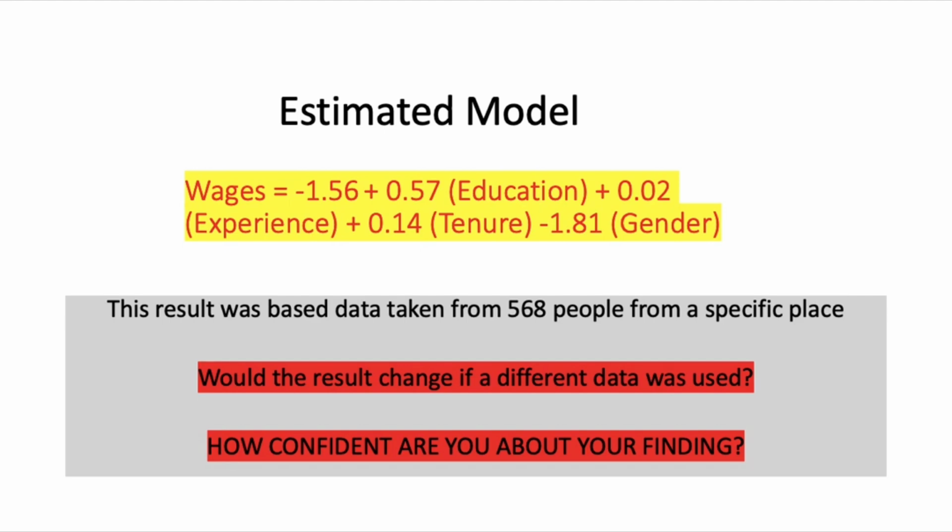You'd probably be thinking that if you gather data from some other sample, you'd probably end up with a different result. So this beta for education might be different. It might be 0.56 if you took a different sample, and if you took another different sample, it might be 0.66.